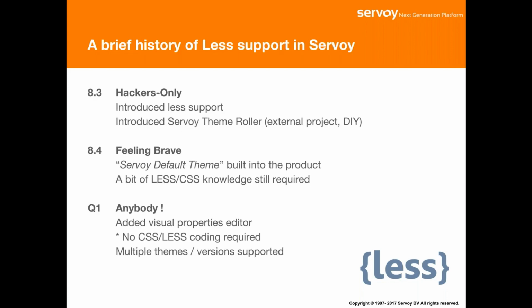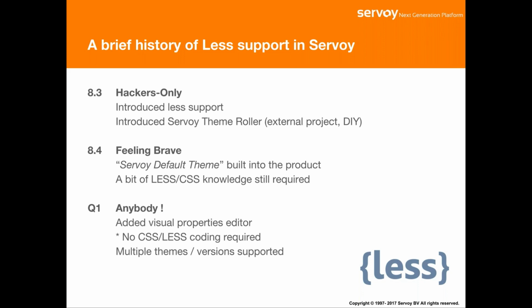We did start to introduce this back last year in 8.3 and 8.4, and again, the goal is to get to the point where you don't have to do CSS. It wasn't to make things more technical and to have more options. The 8.3 release, I call it the hackers only, because we said, yeah, we support Less now.